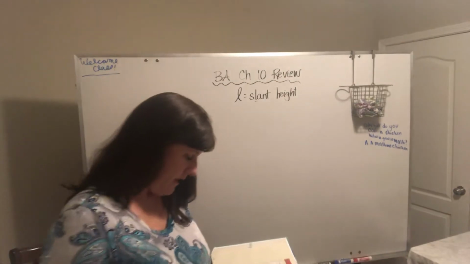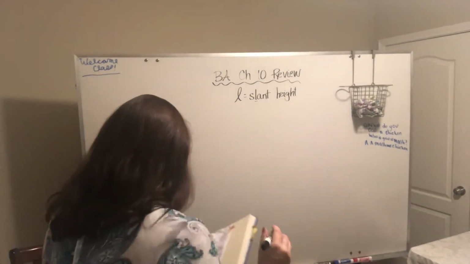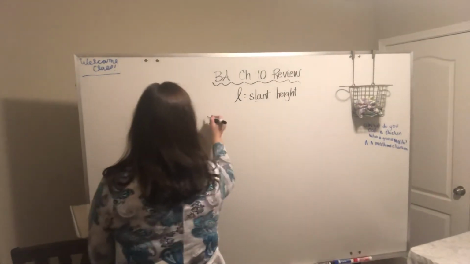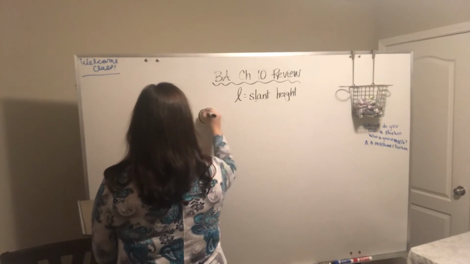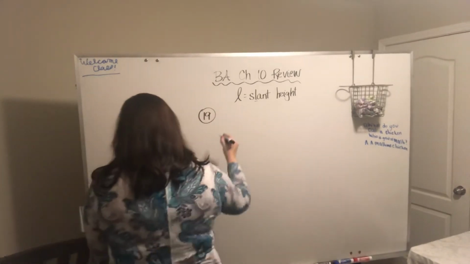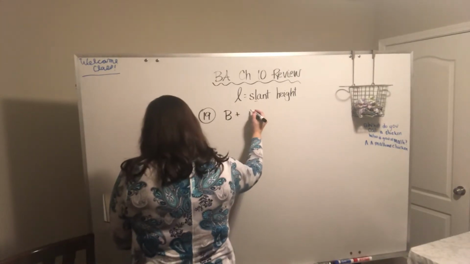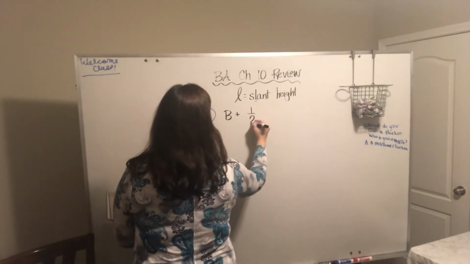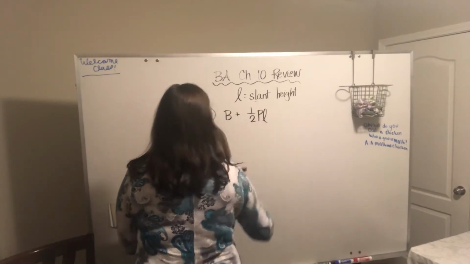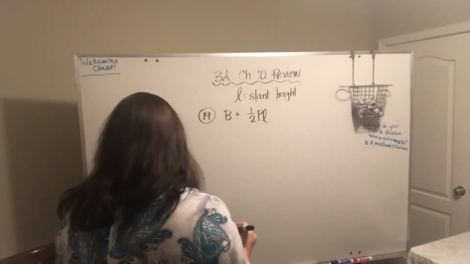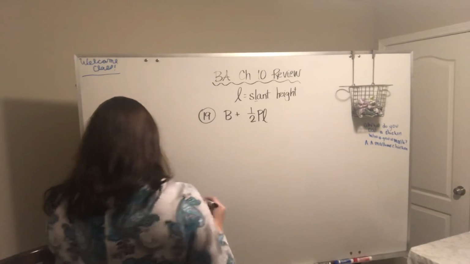Okay, let's go ahead and do 19. We've got a pyramid there. The formula for surface area of that is base plus 1/2 perimeter times slant height. We have the base of 19, which is a triangle.